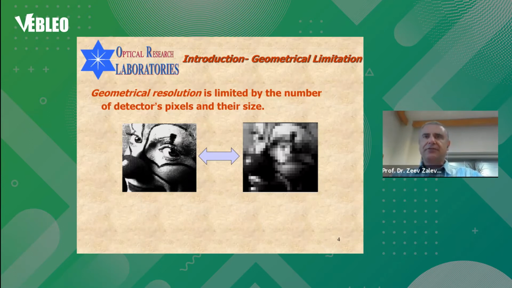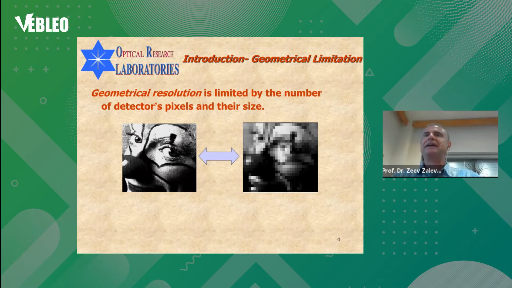The reduction of resolution due to this geometry of the detector has actually two aspects. The first aspect is related to the Nyquist sampling theorem, and it is practically related to the density of the sampling of the pixels, the density of the sampling in space of this analog distribution of intensity. The higher the density is, the higher is the analog spatial frequency that we will be able to reconstruct.